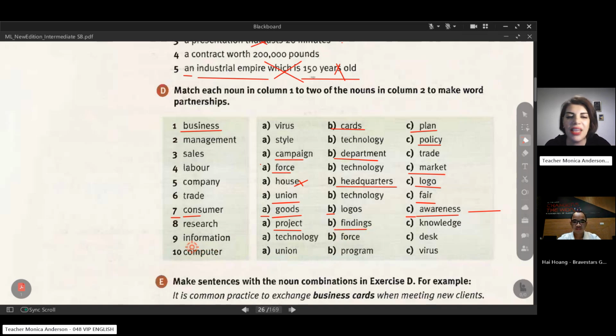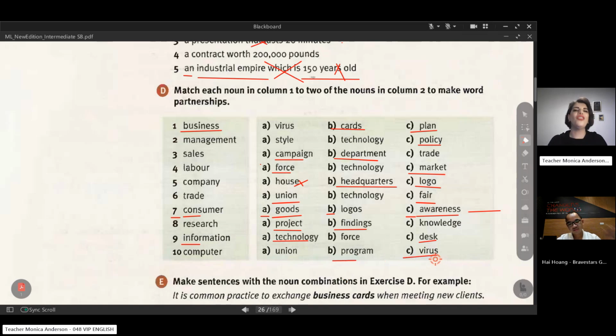And 9, information technology, of course, IT. And information desk, of course. And computer program and computer virus.